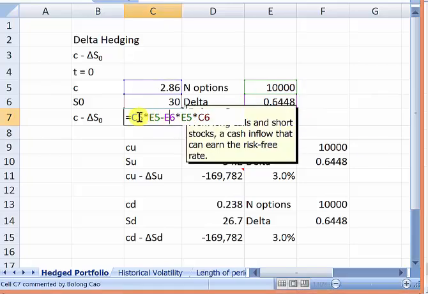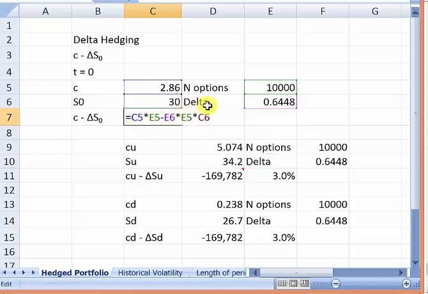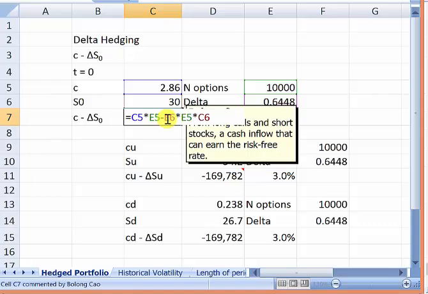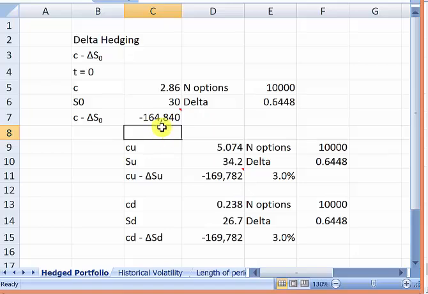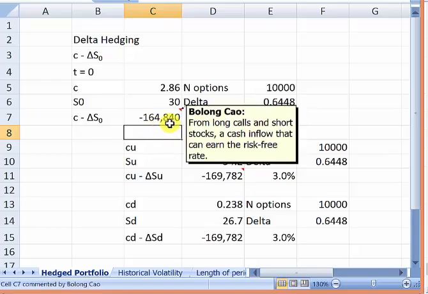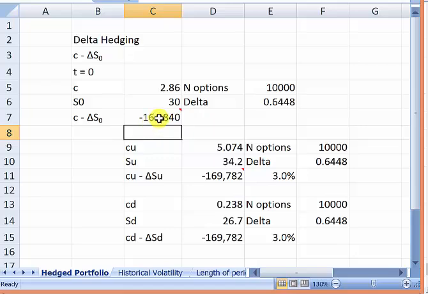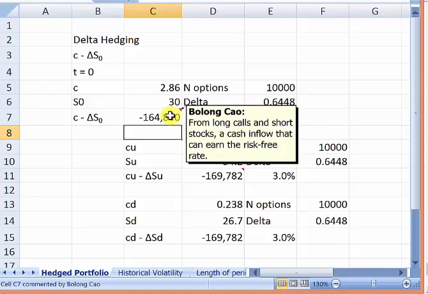So if you think about the long as assets and the short positions as liabilities, we have a net liability of 164,840. But if you think about cash flow, what happened is basically we shorted 6,400 something shares at $30 per share, and then we used part of the proceeds to buy the 10,000 long calls.